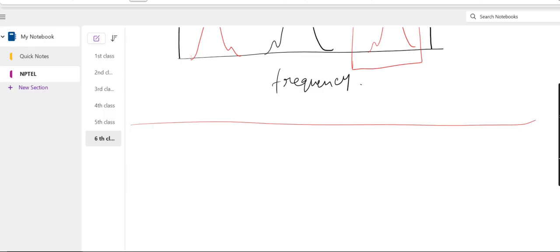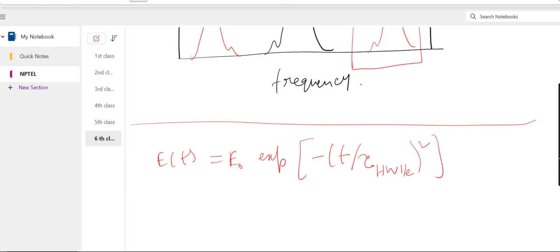So the Gaussian pulse can be written in many ways. It can be written as E0 exponential minus (t by tau) whole square, or E0 with another form.